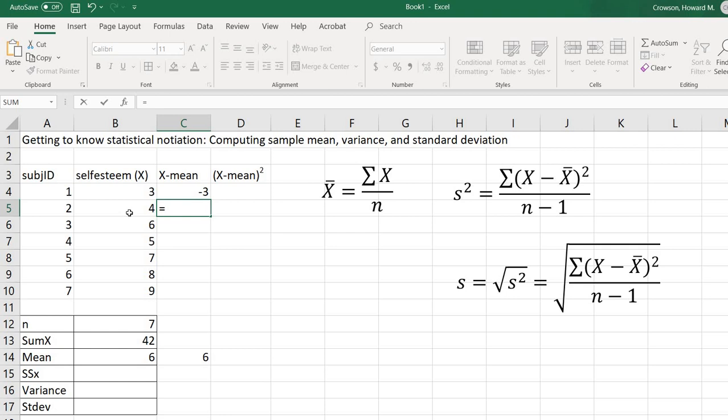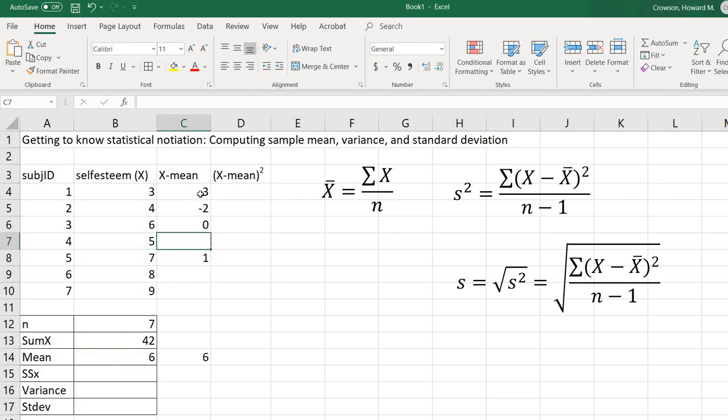We'll just say equals 4 minus the mean, which again is 6, which is -2. Obviously, if we take 6 minus 6, we get 0. So in other words, this person obviously is scoring at the mean on that variable. If we do 7, we will see that that person is scoring 1 unit above the mean on x.